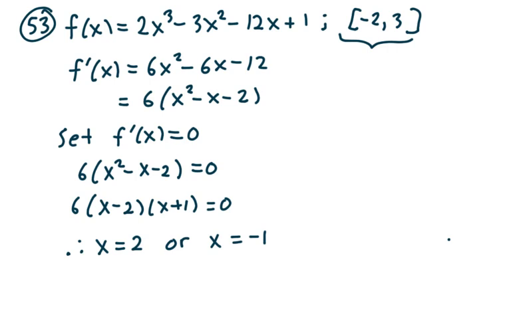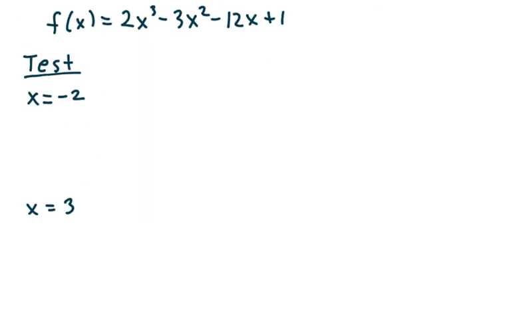And then we're also going to test the critical numbers, negative 1 and 2. So we're going to test x equals negative 1, and then x equals 2. And we're going to plug those back into the function to see which one gave the highest y value and the lowest y value. So f of negative 2 is going to be 2 times, if you don't mind, I'm going to write negative 8.